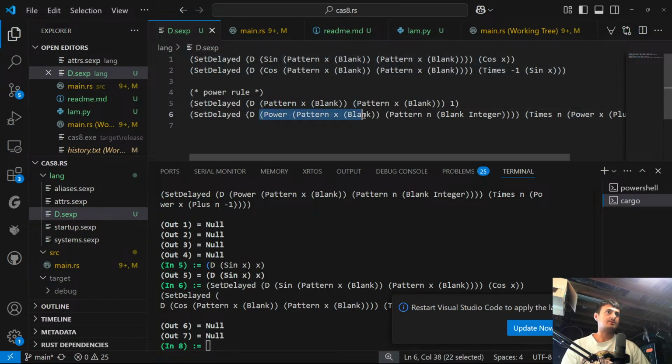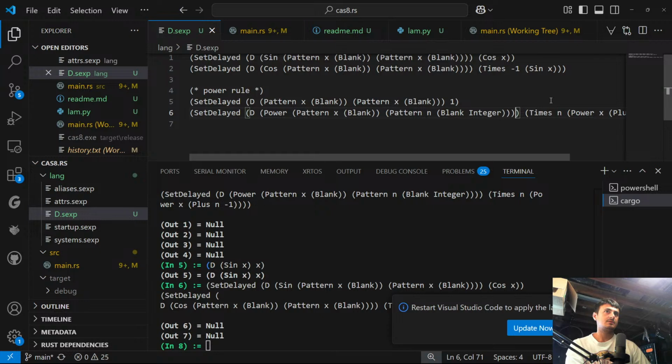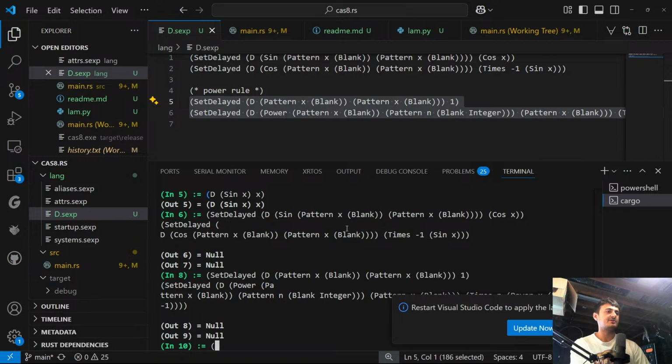This is probably wrong too. Power of pattern x blank to an n. That's where the D ends. Okay. So I'm pretty sure I need these two. All right, so first I want to do times.